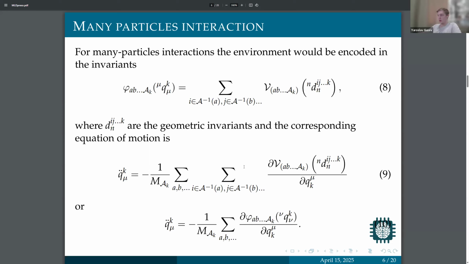And then one can easily write down the corresponding equations of motion for this many-particle interaction case as well. And also here equation 10 is more general because phi does not need to satisfy equation 8.